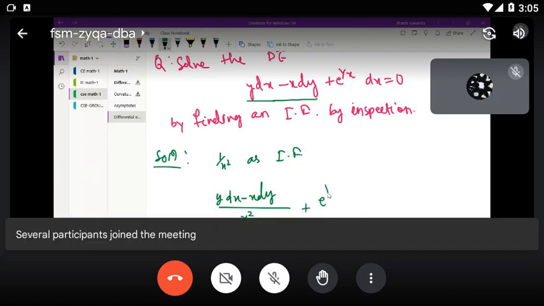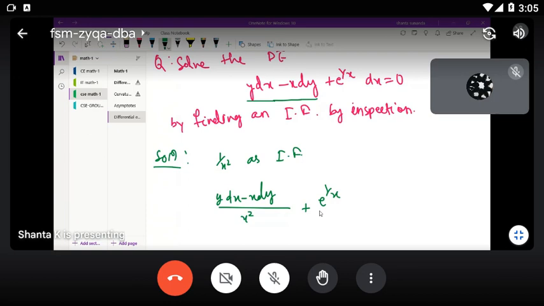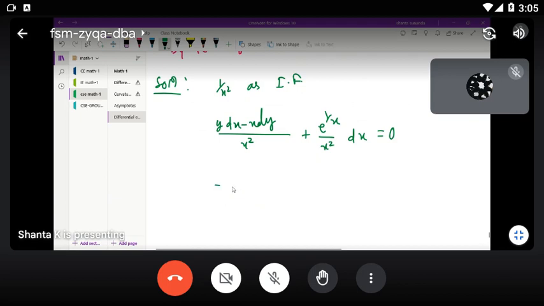plus e power 1 by x square dx equals 0. Okay, this is d of y by x minus d of e power 1 by x. So now you can get it.